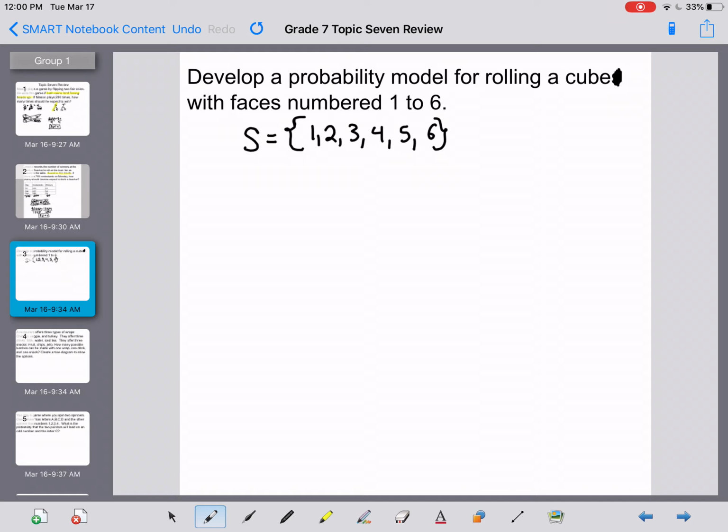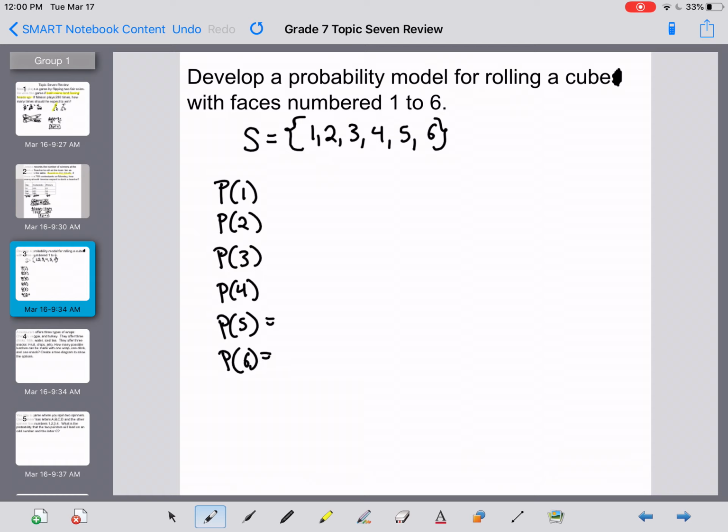A probability model has a second part where you list the probability for every event in the sample space. So I'm going to have to find the probability of a 1, a 2, a 3, a 4, a 5, and a 6.